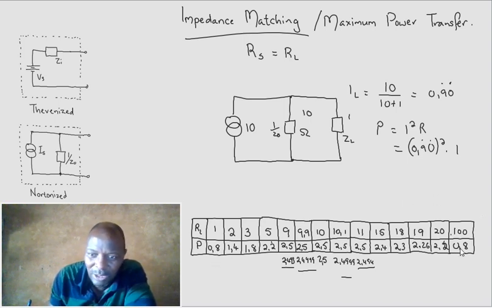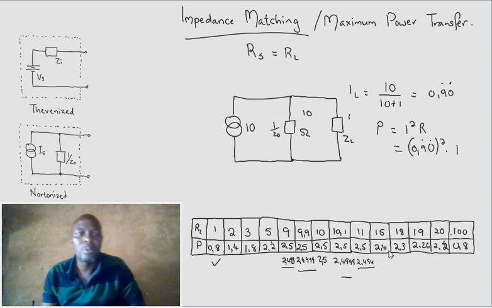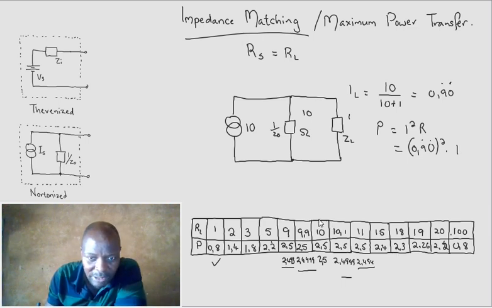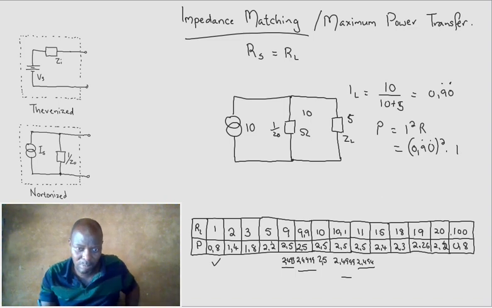All right, let's jump to 5 and see if we're going to get 2.2. Let's make this 5. Now this here is still going to be 10, but that there is going to be 10 plus 5. It will be 2/3, right?